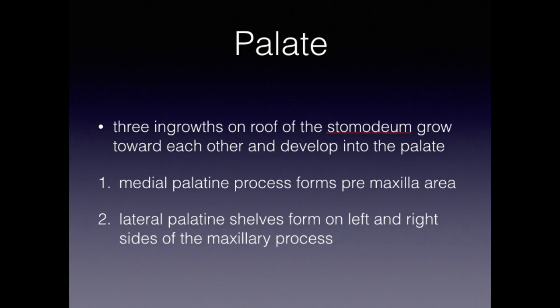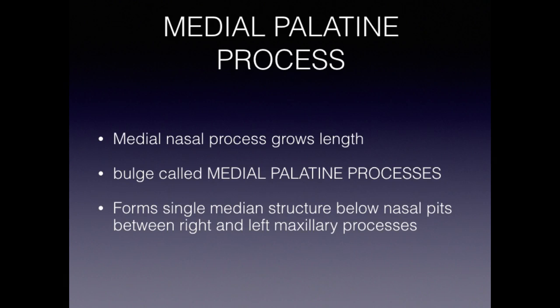And then as the shelves start to grow across, they're coming from the maxillary process, and we call these the lateral palatine shelves. So there'll be one on the left and one on the right, and they're going to grow eventually toward each other. But it doesn't quite happen as simply as that, of course. So let's go to the medial palatine process.